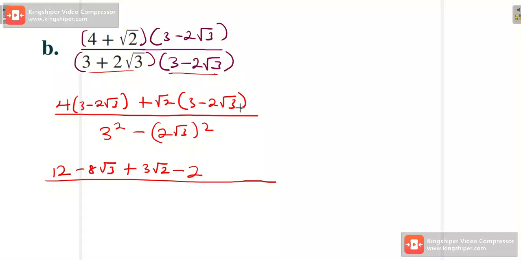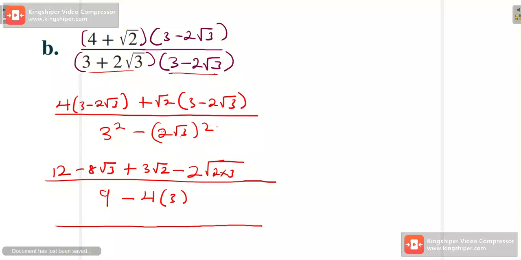Then root of 2 times root of 3 becomes root of 2 times 3. Then the denominator, 3 squared is 9. Then the square affects the 2 and it also affects the root of 3. So 2 squared is 4. Then root of 3 squared, the square will cancel the square root. So we will have 3 here.